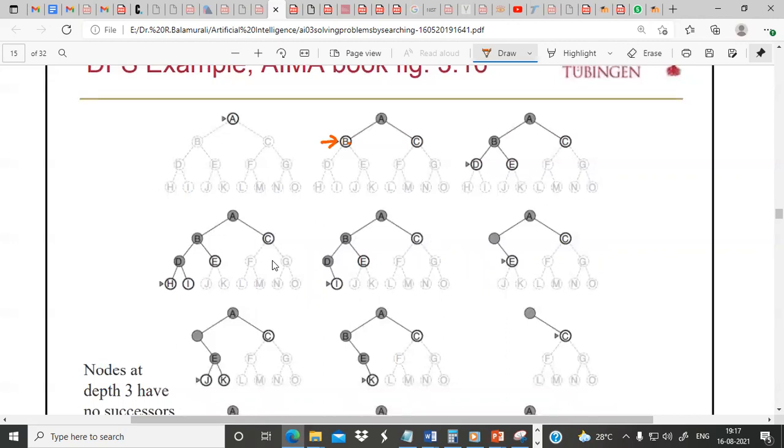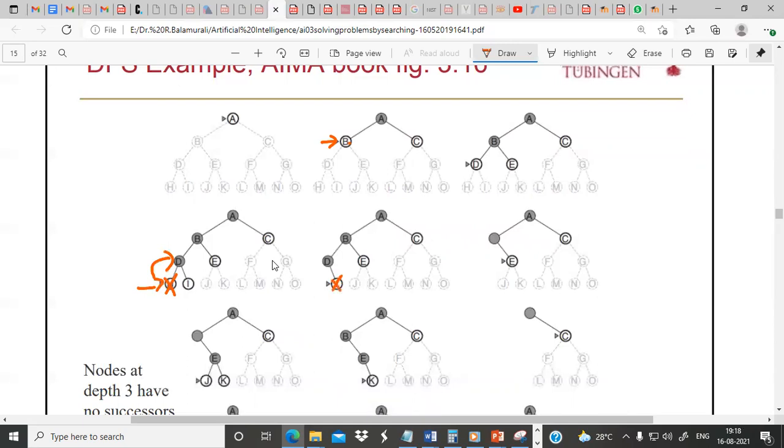Then we check whether H is the goal state or not. H is not the goal state, and H is a leaf node. That is, it doesn't have any other child. Now remove H from the memory. You can see here H is removed from the memory. And the algorithm will backtrack to D, its parent. Its next child will be checked whether this is the goal state or not. No, this is not the goal state. Not only that, this is a leaf node.